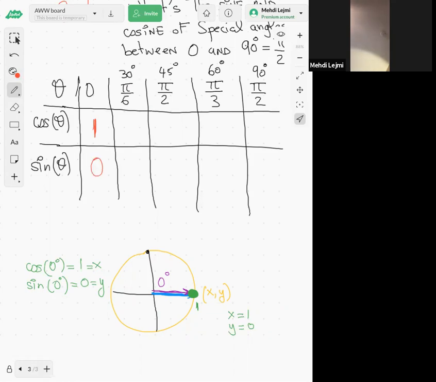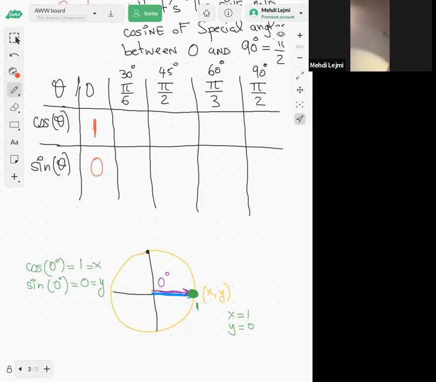Okay. Now, next, we are trying to find the cosine and sine of some special angles between 0 and 90 degrees. For the angle 0, cosine is 1 and sine is 0.